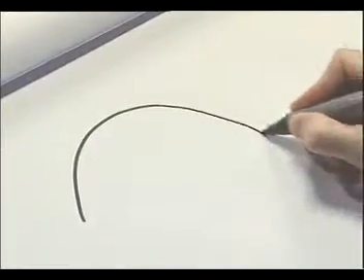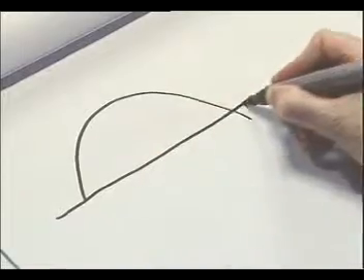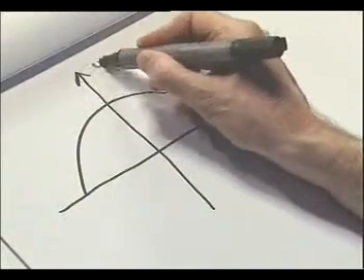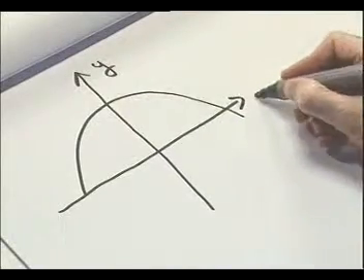Now, let's use this formula in an example. The example I'm going to take is the sphere. In other words, we're going to rotate a semicircle about the x-axis. So I'll draw the semicircle first and then put in the x and y axes. So there's y and x.